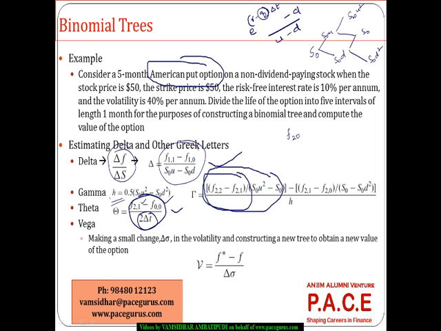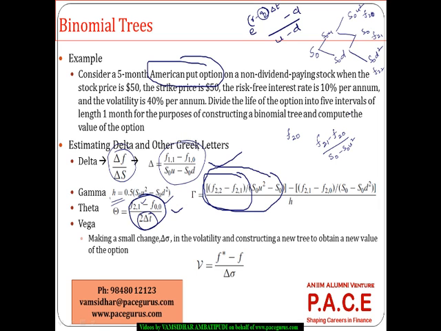Now here if I say this is F20, F21, F22, I'm talking of F21 minus F20 divided by S naught minus S naught u squared.